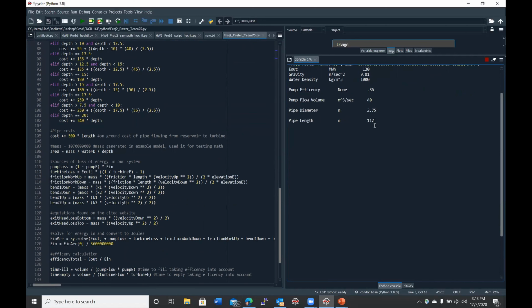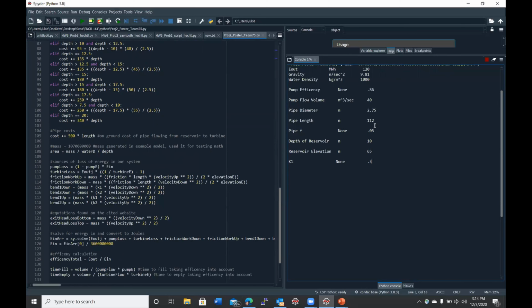Pipe length is 112 for zone 3, which we calculated using some basic trig. Then the friction is the porous frictional coefficient, because we wanted to save money. The depth of the reservoir is 10, again, to save money. Reservoir elevation is 65, that's given in the zones.